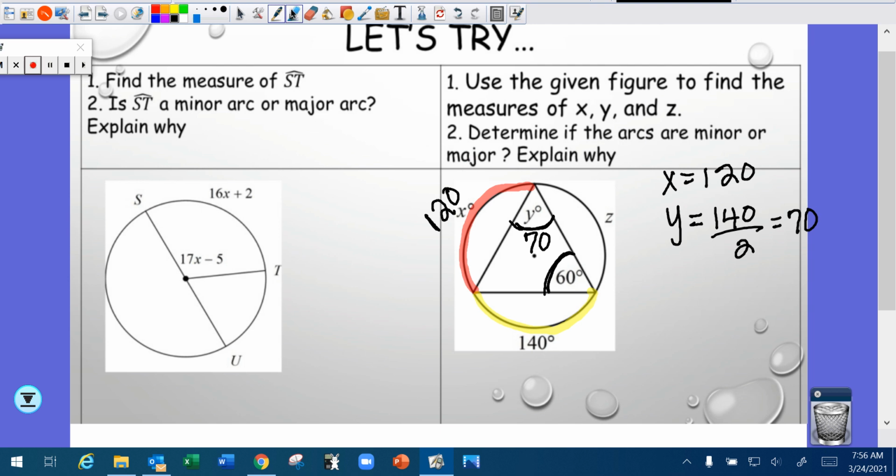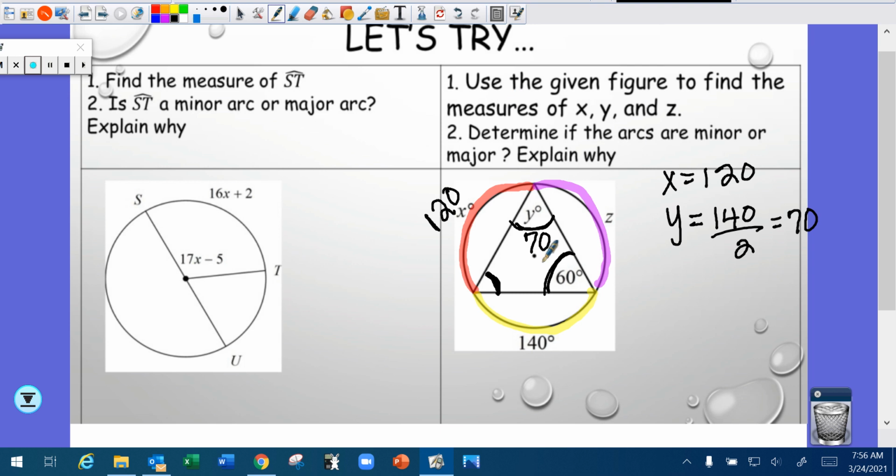All right, and the last intersecting arc is right here, and the angle is this here, and I need to figure out what z is. There's a couple of ways you can approach this. This is a triangle, so I need to find the third angle, and I know if I add all three together, they should give me 180.